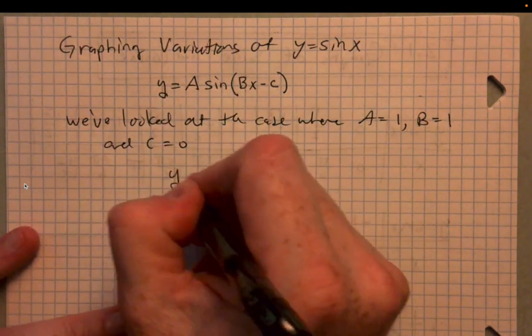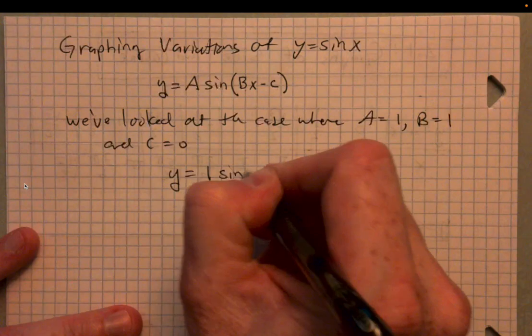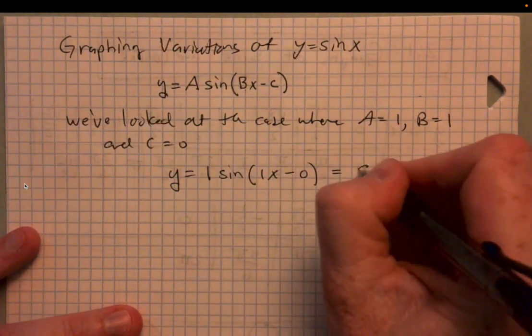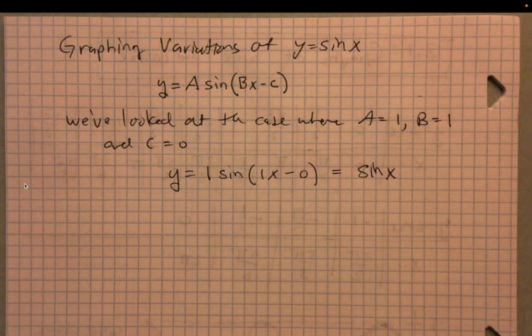And when you do that, you get y equals 1 sine of 1x minus 0, otherwise known as just sine of x. Okay. But what happens when these values are other than this? When a is like 2 and b is a half and c is maybe like something like 5 pi or something, right? So what happens when we have variations?